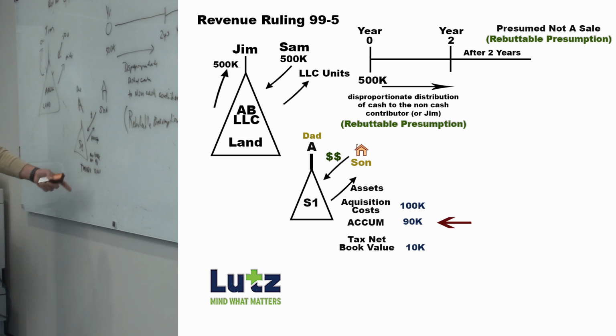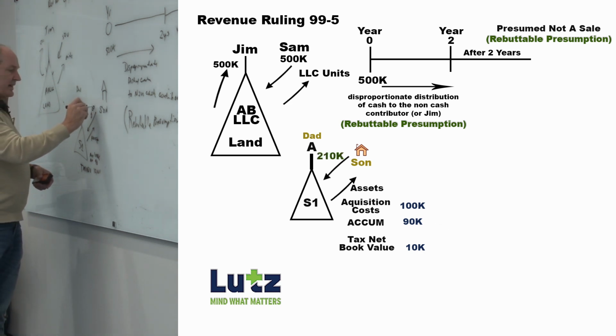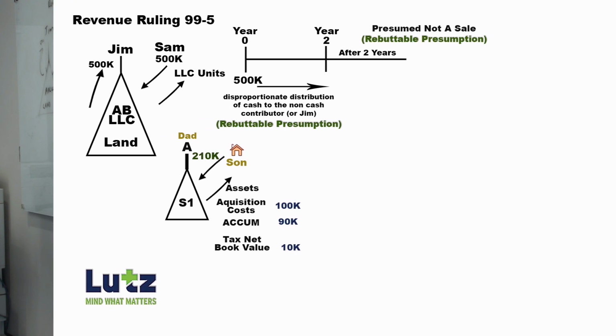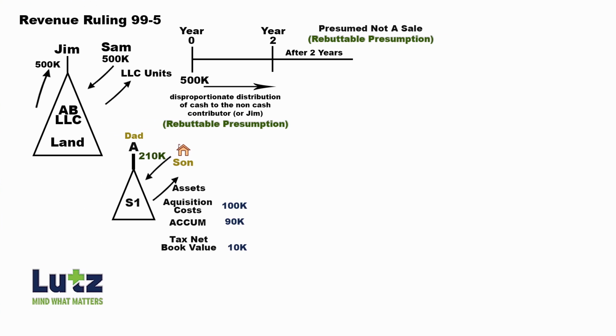And Sun ships over 210,000. What's my gain? Net book value of 10, 210. What's my gain? 200. 1239 and 707 say, well, what if this were a sale to an unrelated party, Brad?